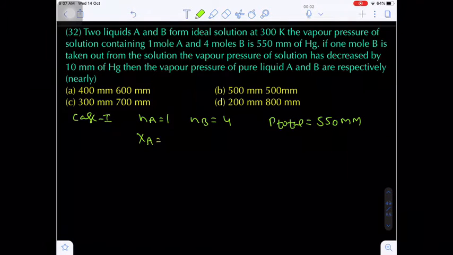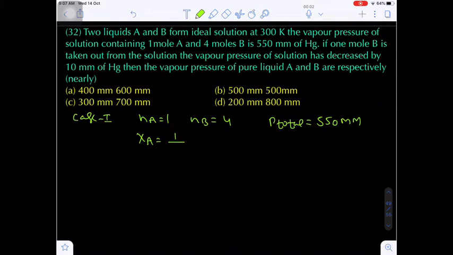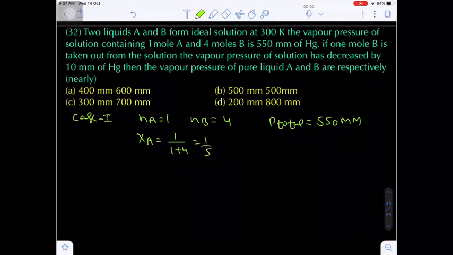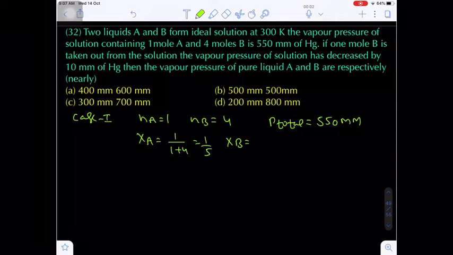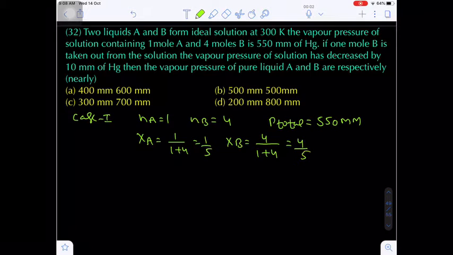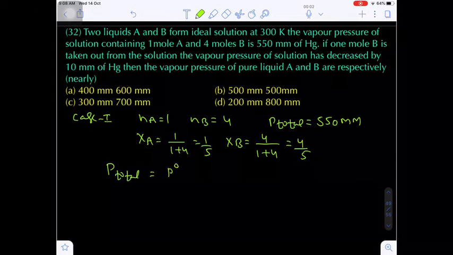Now what will be the mole fraction of component A? Number of moles of component A divided by total number of moles of components A and B, that will be 1/5. And what will be the mole fraction of component B? Number of moles of component B upon total moles of components A and B, that is 4/5. Now what is the total pressure according to Raoult's law?